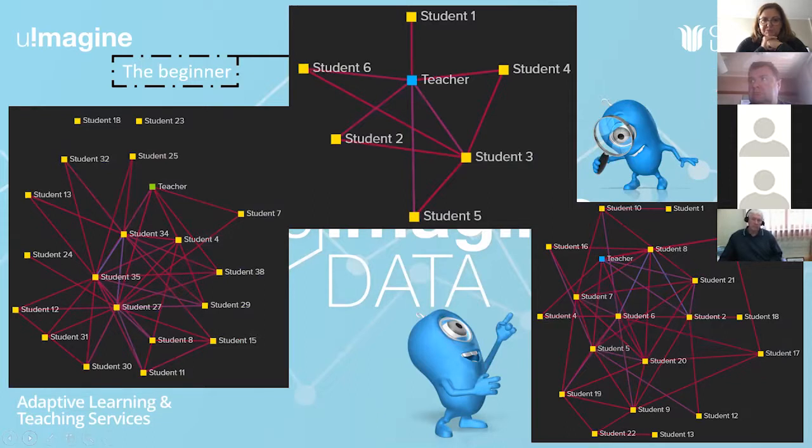Looking at the beginner, just as a background, his subject only had a few students. You can see that there were only 6 students in this subject, and he had never used the forum before.